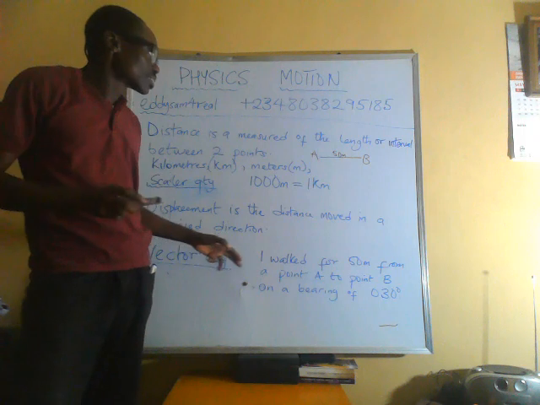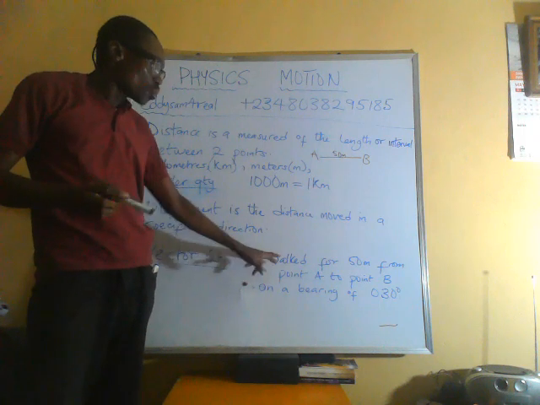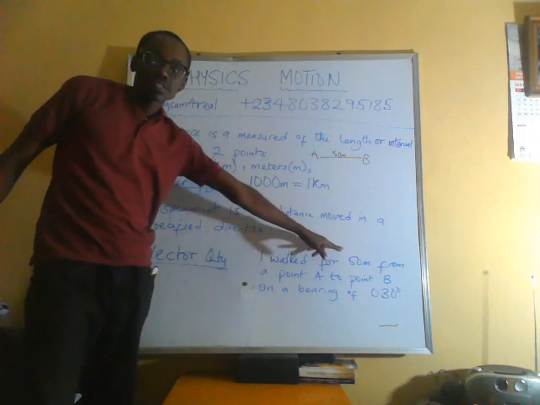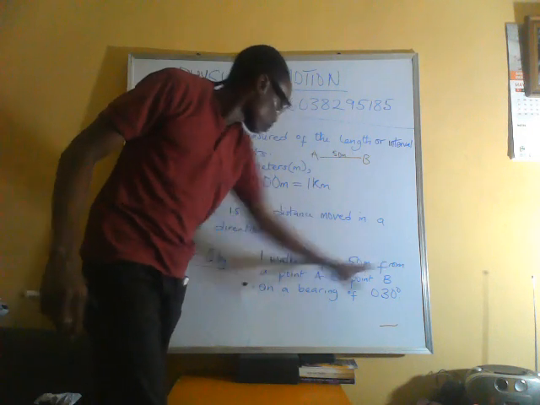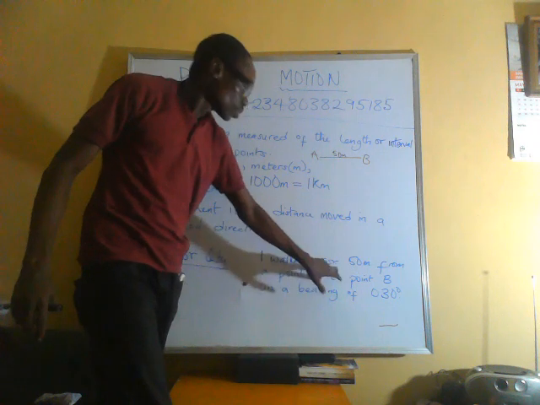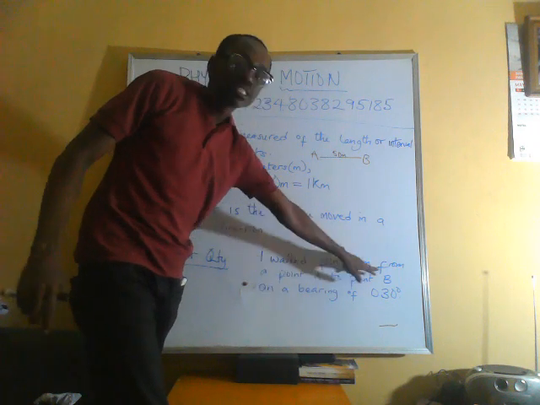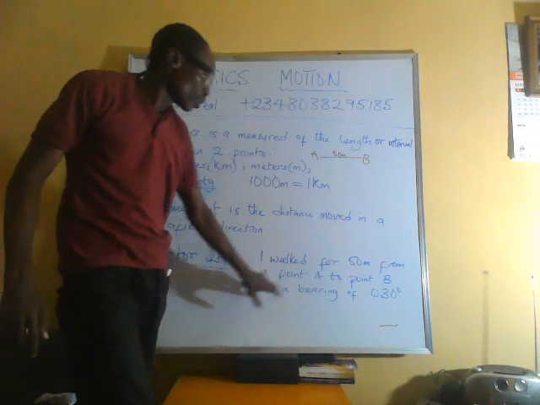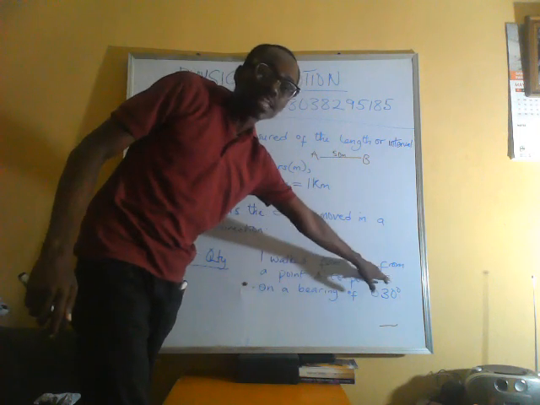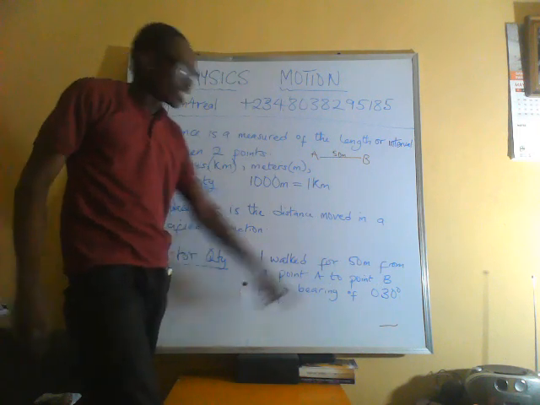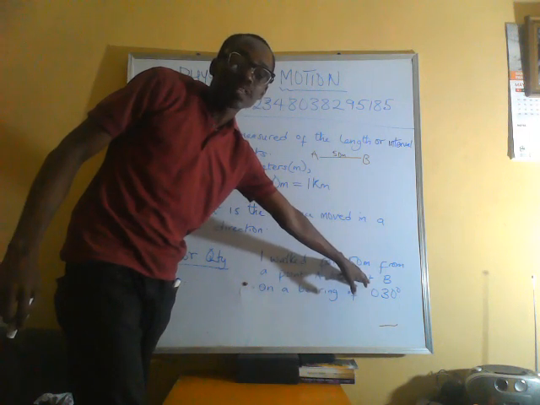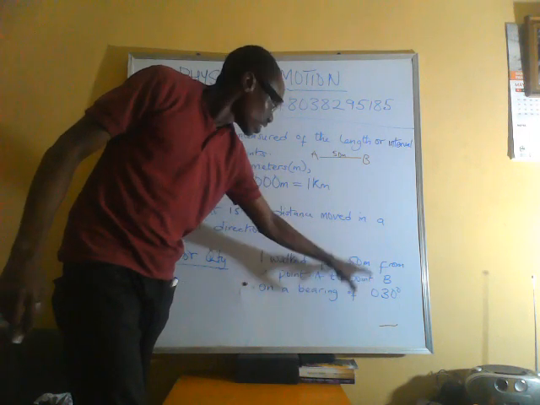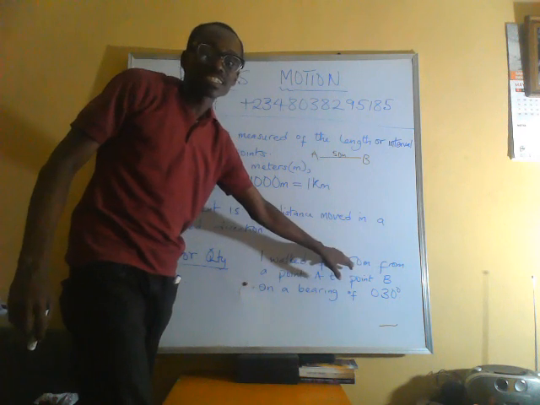Let's take for instance that I walk for 50 meters from a point A to a point B on a bearing of 030 degrees. Now this 030 degrees is the direction in which I am walking. 50 meters is the distance.